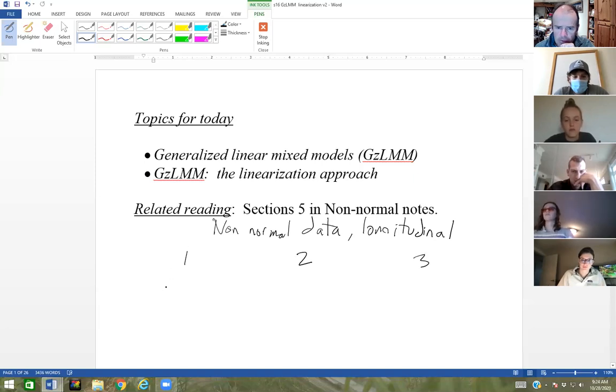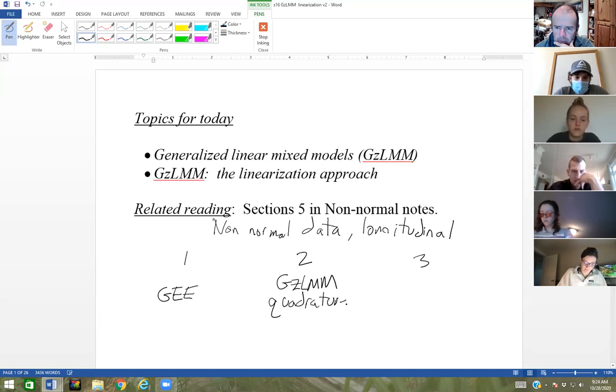The first that we learned was GEE, right? And the second way was to define a generalized linear mixed model and use quadrature. In this case, you're approximating a true likelihood.